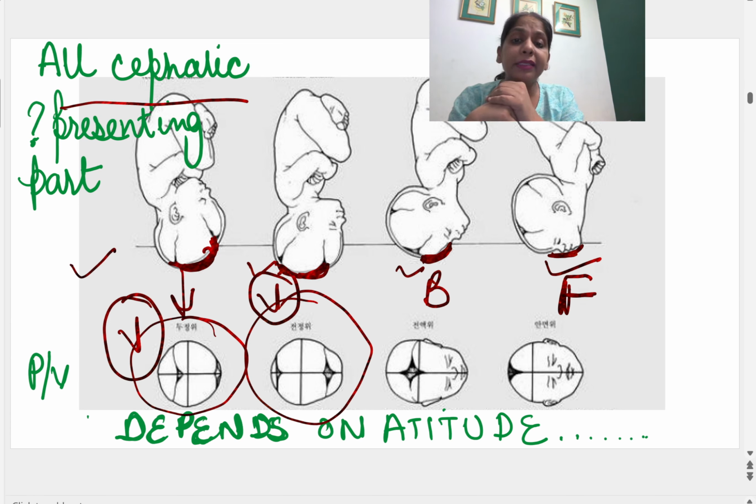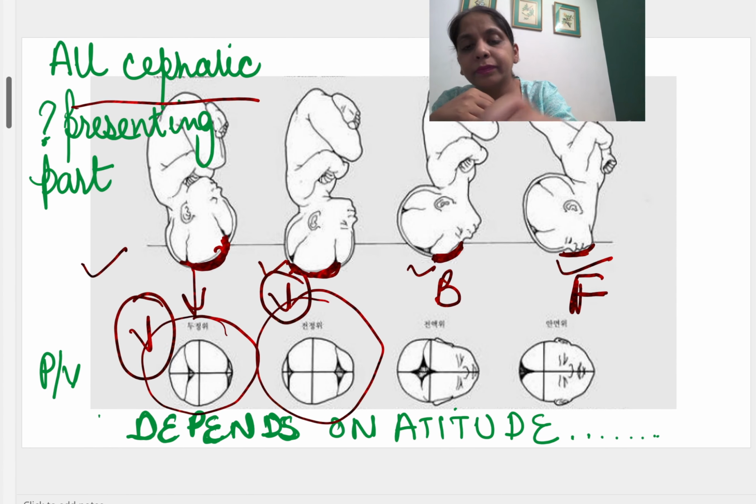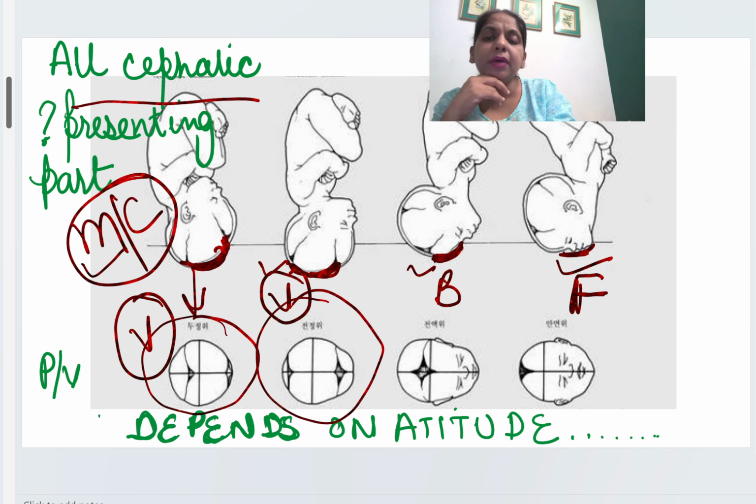In the flexed attitude the common presenting part will be vertex. This is the most common of all.